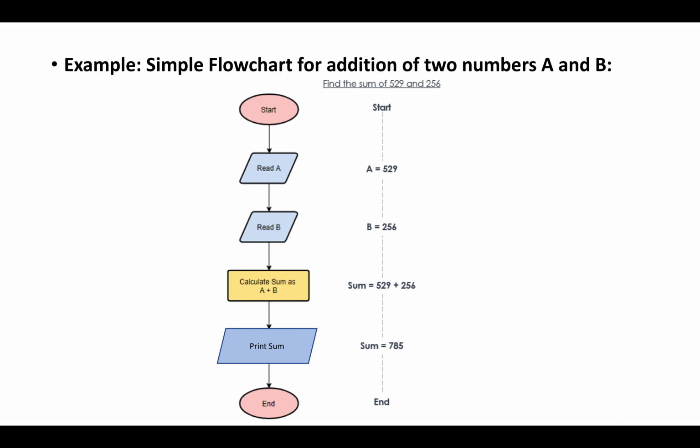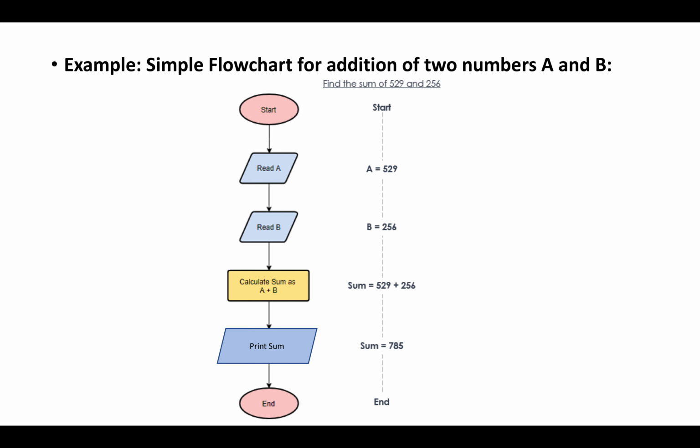All right. Let us consider a simple example of making a flowchart for addition of two numbers a and b. The left hand side shows the flowchart and the right hand side the execution of this flowchart. So we have started with the start symbol.